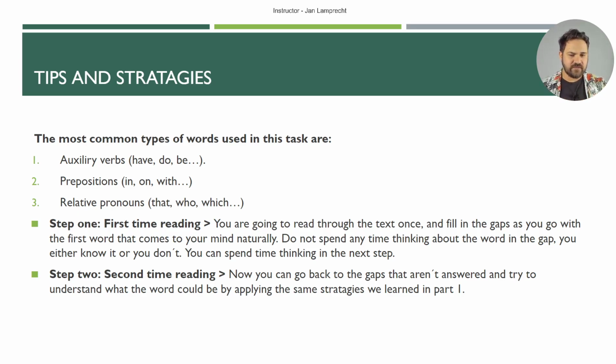Now, the important thing about this part is that the most common types of words used in this task are auxiliary verbs like have, do, be, prepositions like in, on, with, relative pronouns like that, who, which, etc. So this in itself is a very important thing to remember, because if you know this, you don't have to think about other possibilities, because you know these are the most common types of words used in part 2 of the Reading and Use of English.